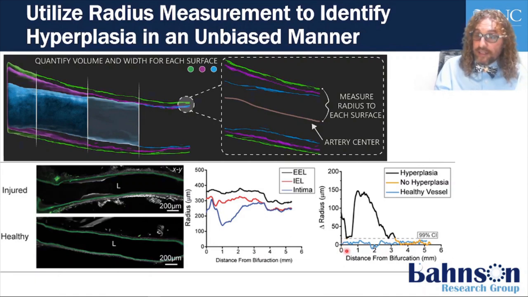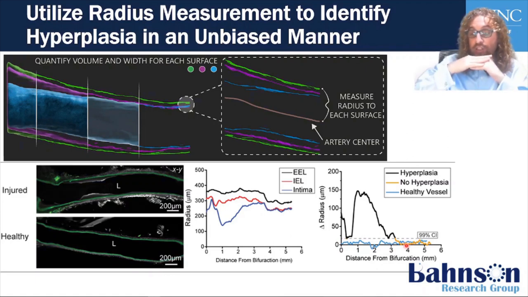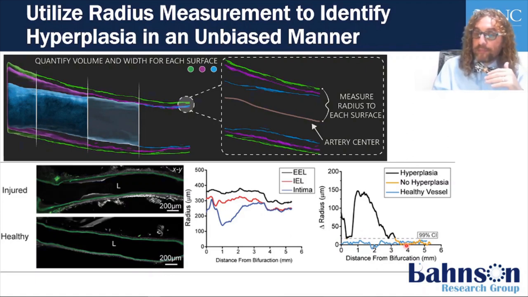And as expected, the radii for the healthy artery is around 0 because, as I mentioned before, the intima sits on top of the internal elastic lamina. With all that data, we create a 99% confidence interval, and we define that as the threshold above which we determine that's hyperplasia, and below that it's a healthy artery.